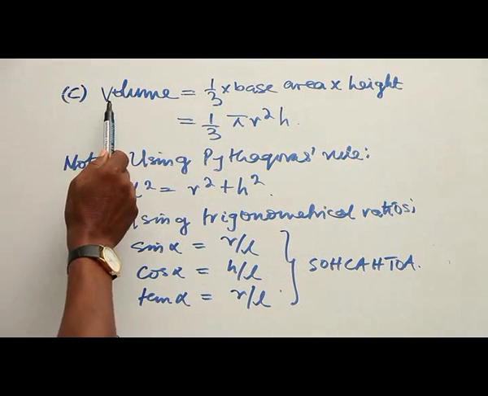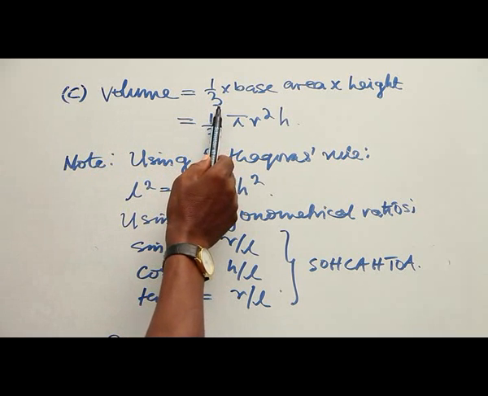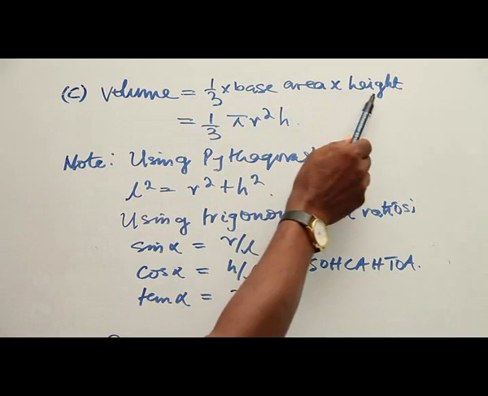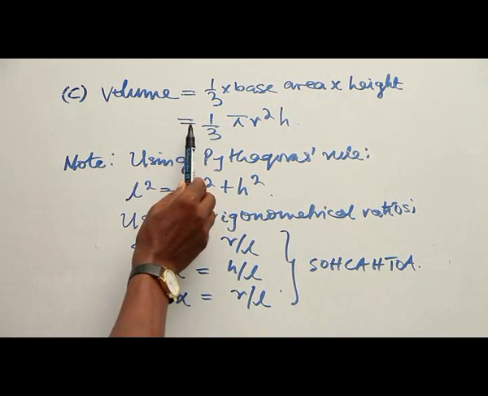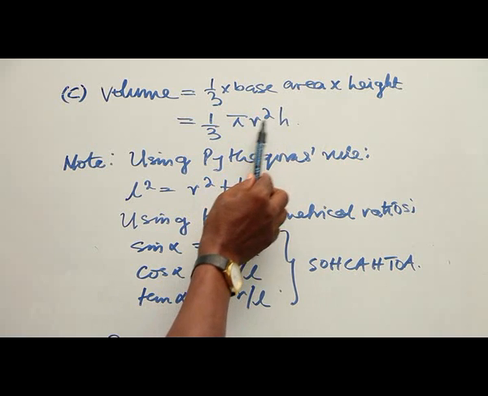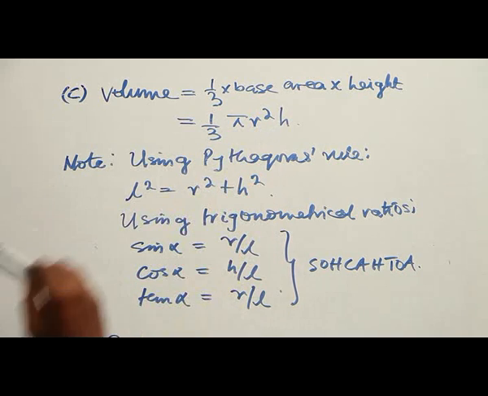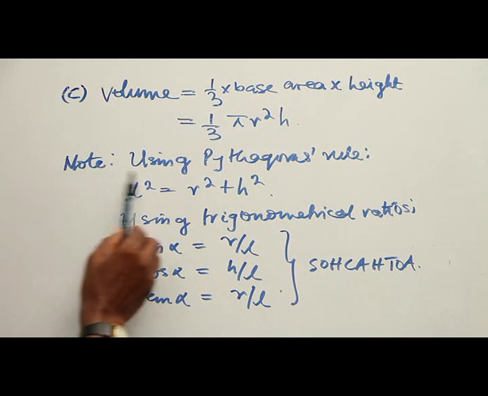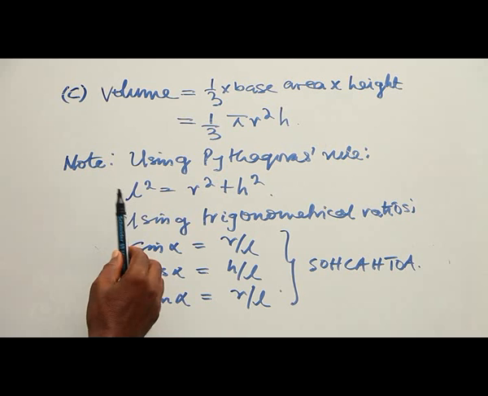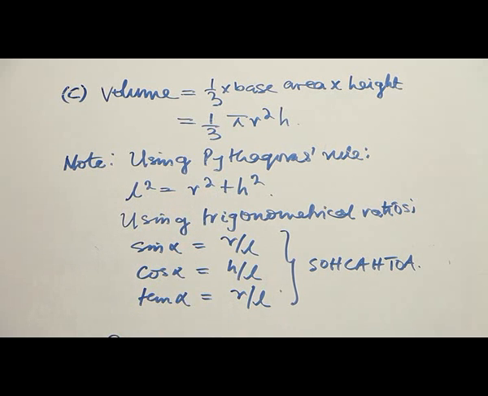Then the volume is equal to 1 over 3 times base area times height. This simplifies to 1 over 3 pi rho squared H. Because the base area of a cone is pi rho squared, it's a circular space. Note, using Pythagoras rule, L squared is equal to rho squared plus H squared.